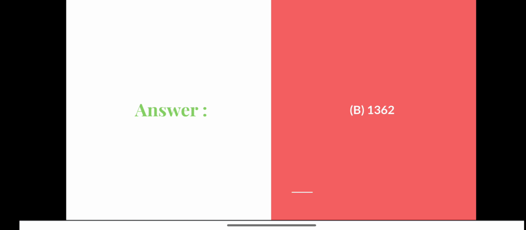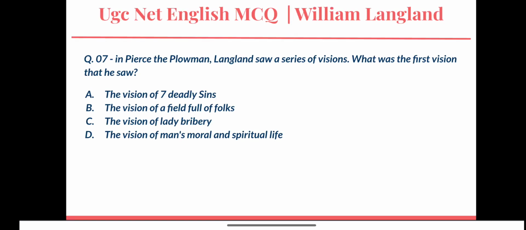Okay, so the next question is, in Piers the Plowman, Langland saw a series of visions. What was the first vision that he saw? Option A is the vision of 7 deadly sins.